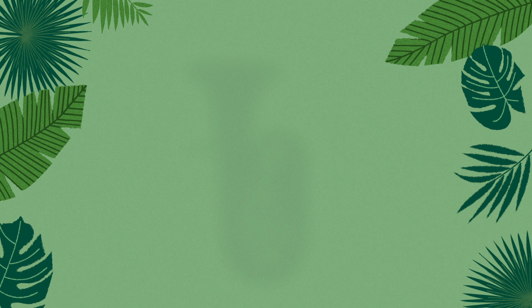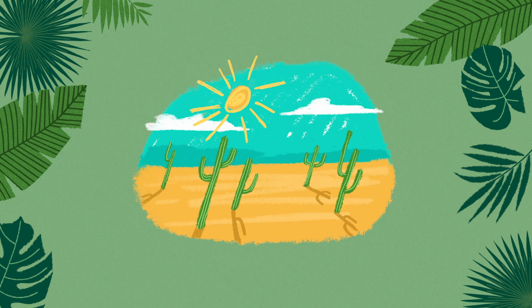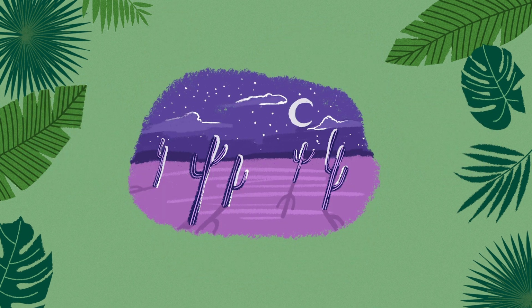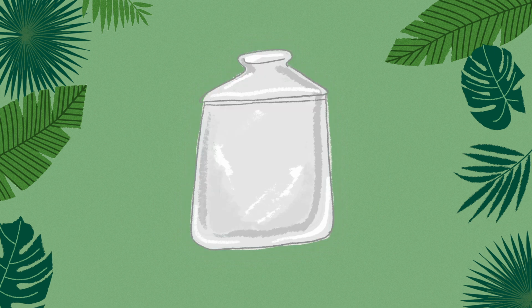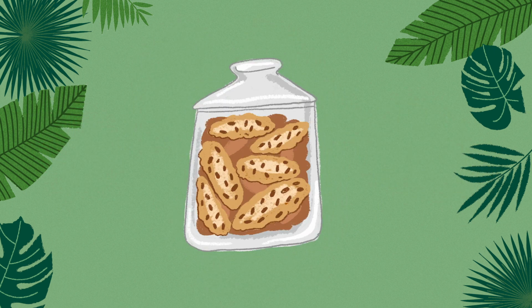You're right! The tuba sounds like the opposite of the flute because it's very big and sounds low. Let's try another opposite. What's the opposite of daytime? Nighttime. What's the opposite of empty? Full. Great job identifying opposites, explorers.